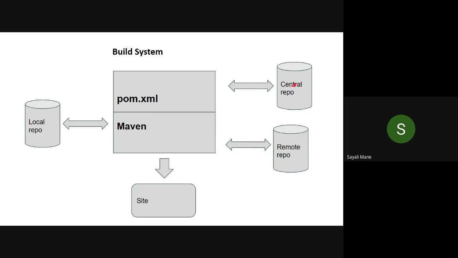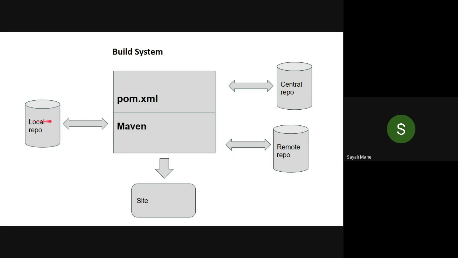Now this term, central repository, is a new term for you. What does central repository mean? The repositories are managed only by the Maven community over the internet. That is the meaning of central repository. Local and remote, you know. So central means a repository which is managed by the Maven community.